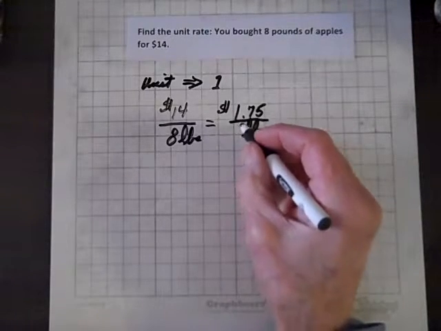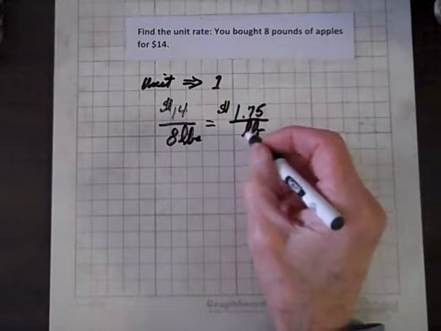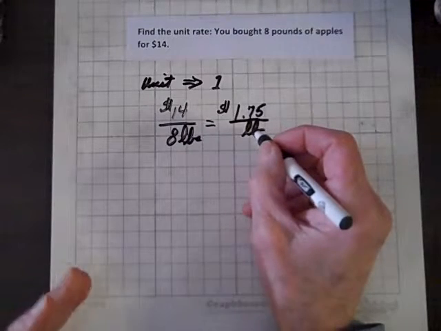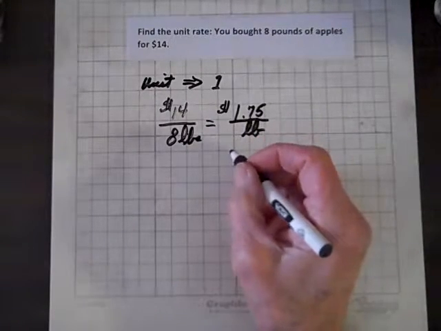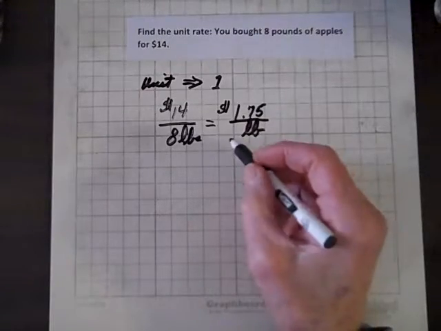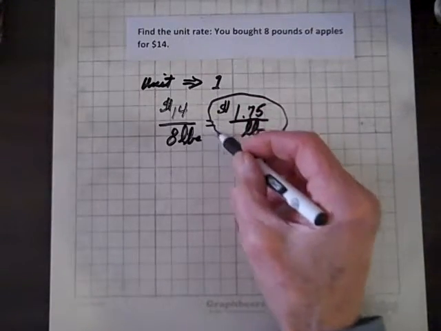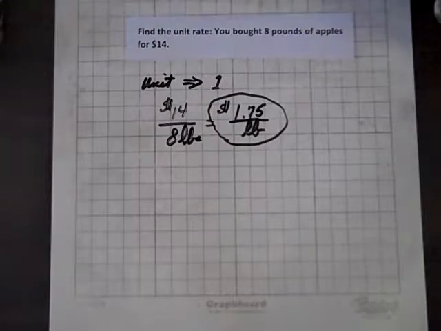And we don't have to write a 1 as a coefficient on the pound symbol. The 1 is understood. So $1.75 per pound, and that's our unit rate for the apples.